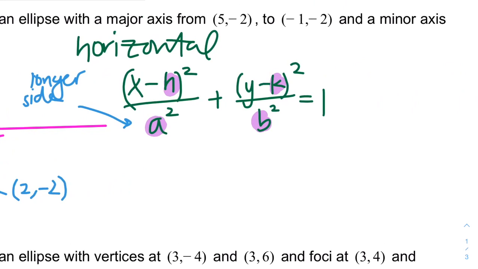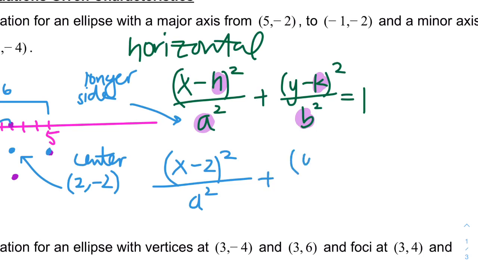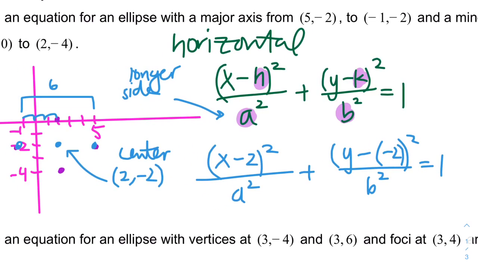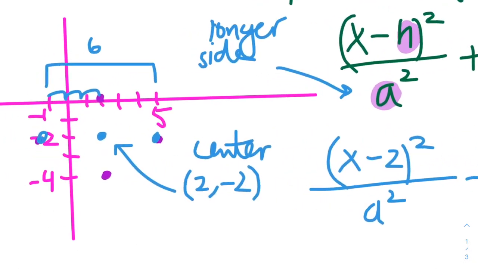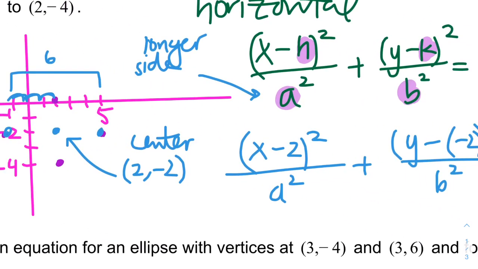So when I write my equation, I'm going to have (x minus 2) squared over a squared plus (y minus -2) squared over b squared equal to 1. Now a is the distance of my longer side along the major axis, which I already calculated here is a distance of 3. So a is equal to 3.